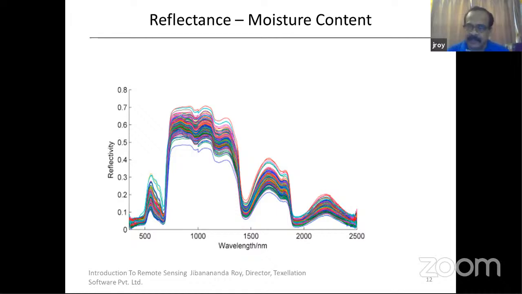Depending on the moisture content, you can define the health of the plant. So we need to differentiate the moisture content.